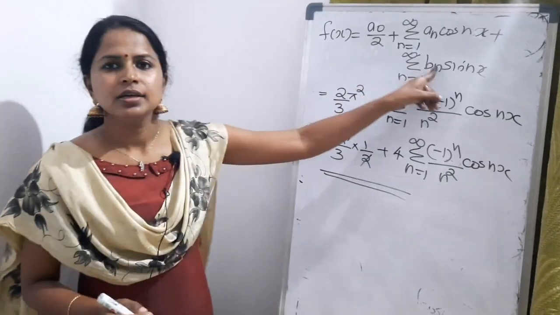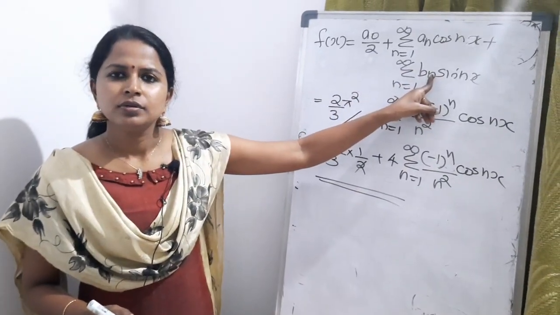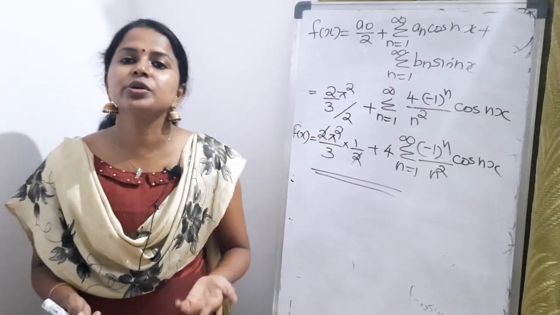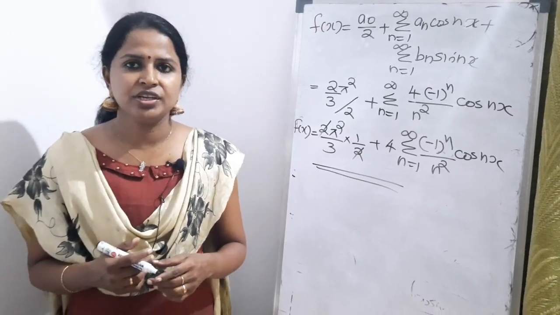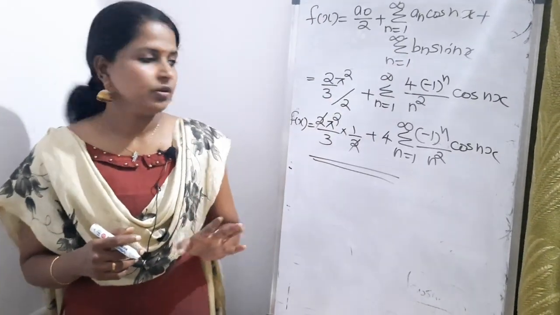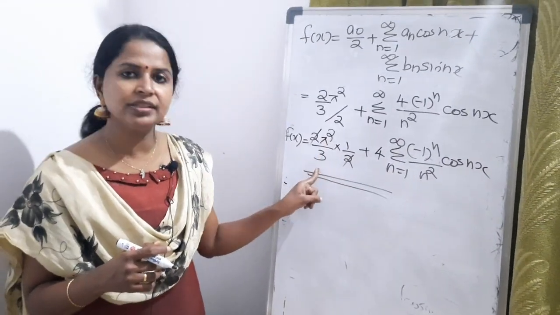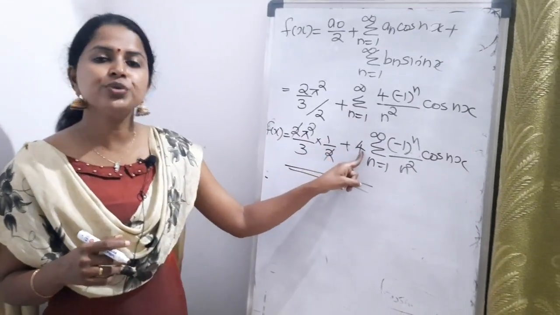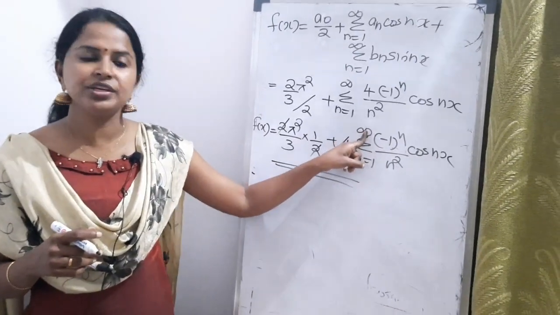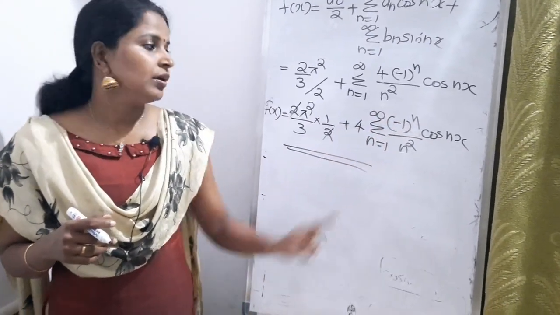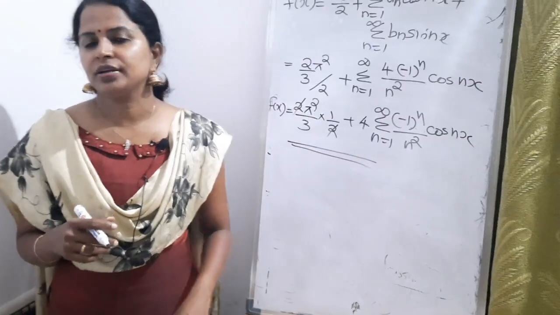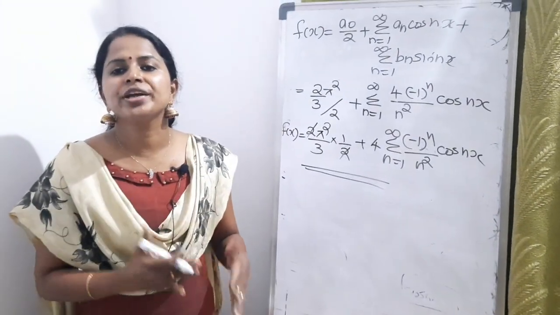Here bn is 0, because the function f of x equal to x square is an even function. So bn equal to 0. So f of x equal to pi square by 3 plus 4 into sigma n equal to 1 to infinity minus 1 raised to n cos nx by n square. This is the formula for the Fourier series.